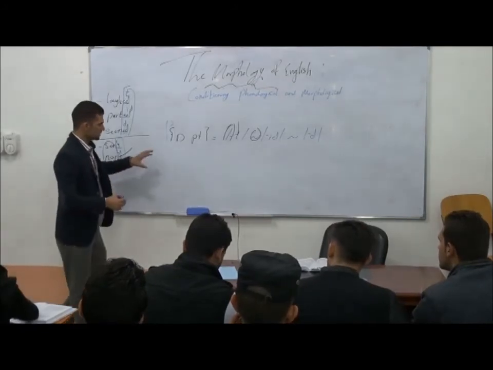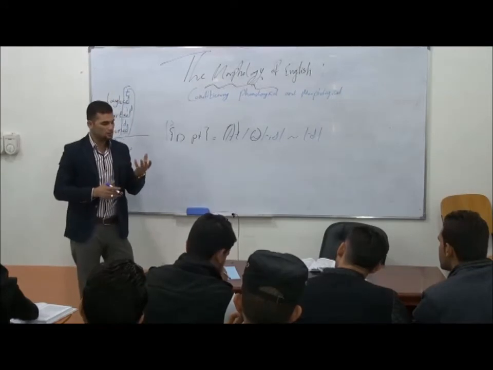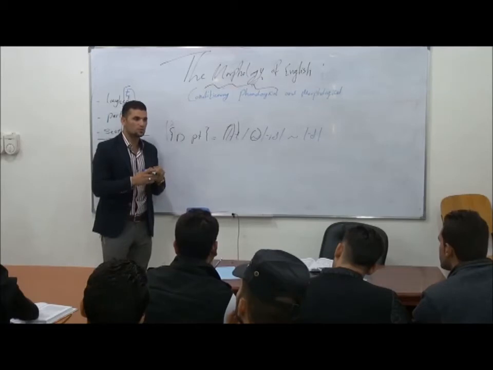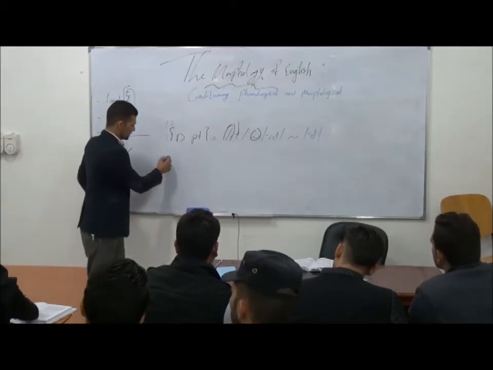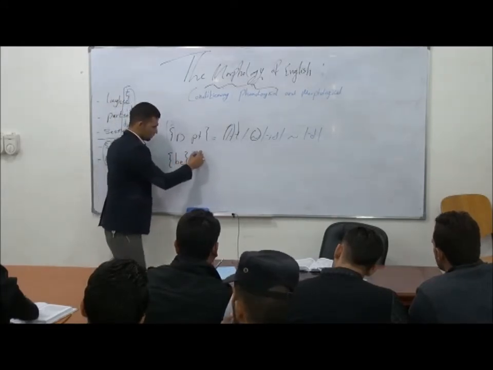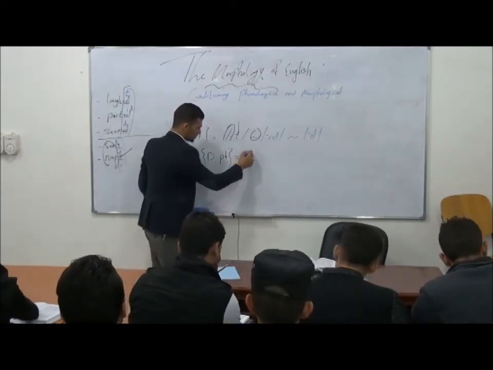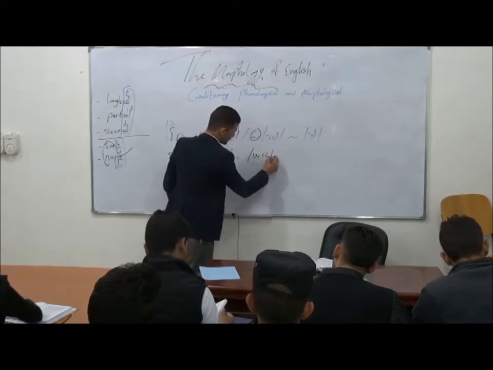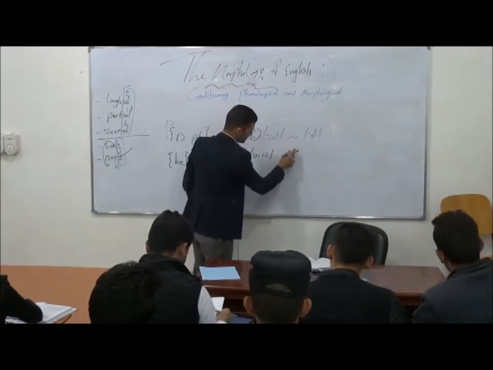So in this exercise, we are going to express the fact that the word be in the past tense has two morphologically conditioned allomorphs. It is written in this way: be plus the past tense equals was.